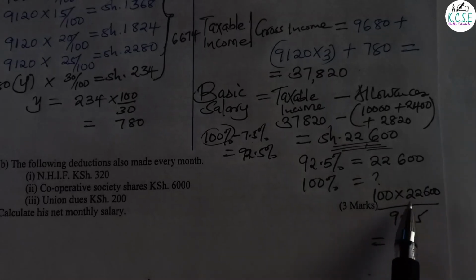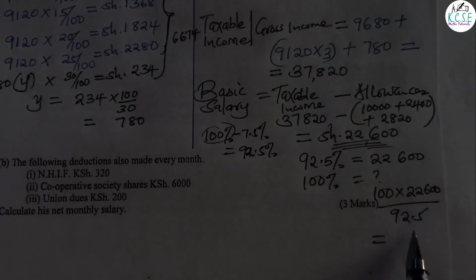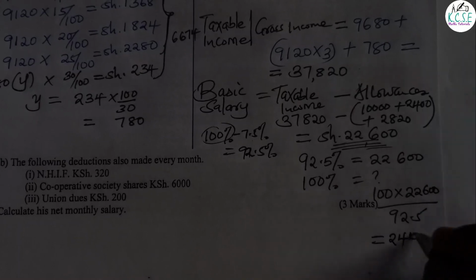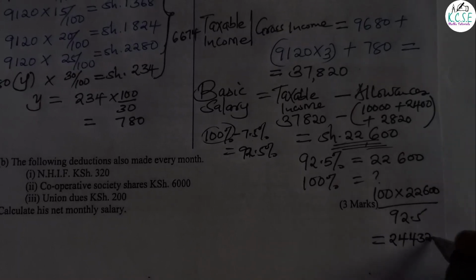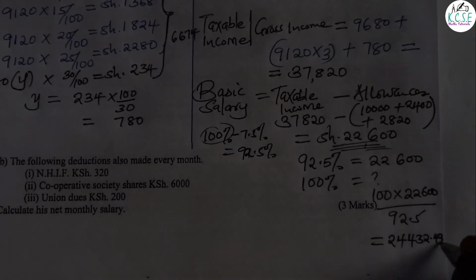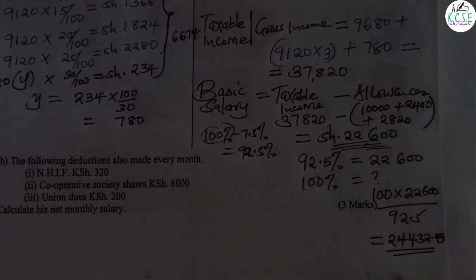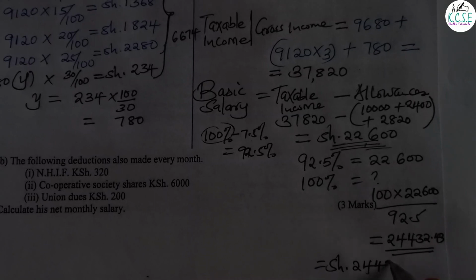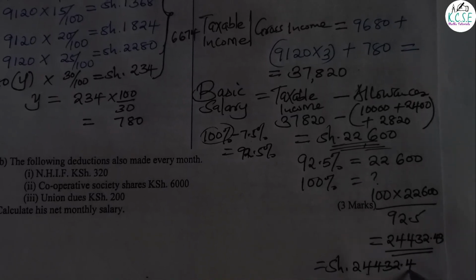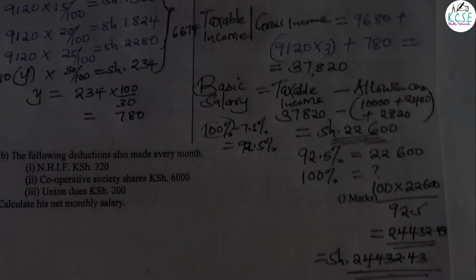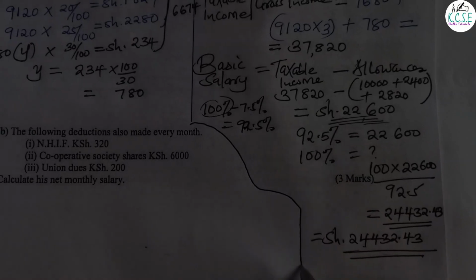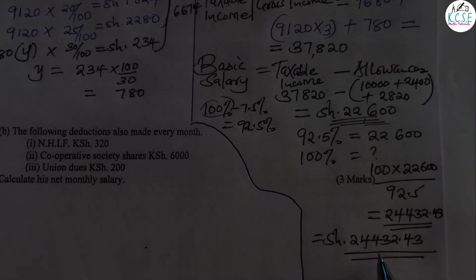So 100 multiplied by 22,600 divided by 92.5 will give 24,432 and 43 cents. Let me write it here: 24,432 and 43 cents. So now this is the final answer. That is the basic salary.